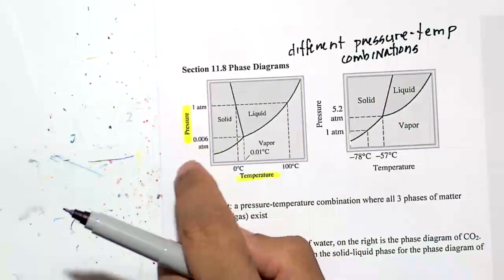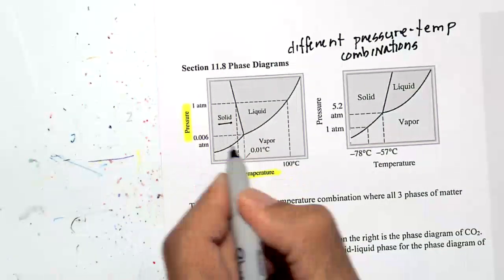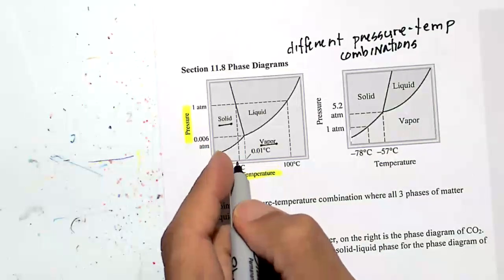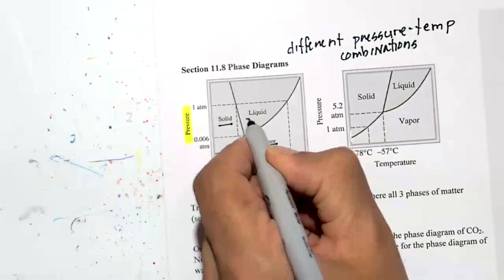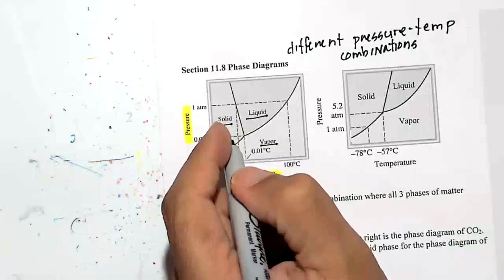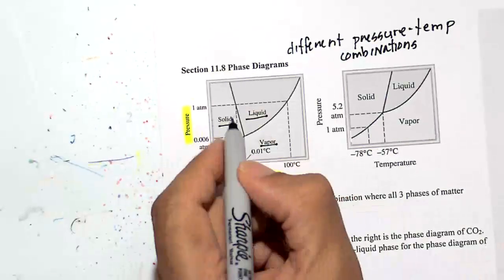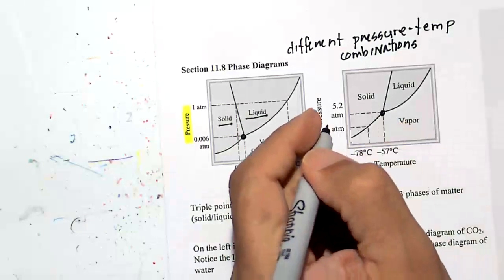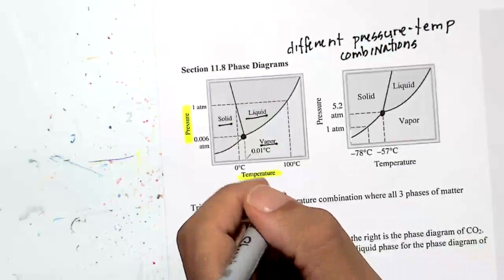So at some pressure temperatures, you are a solid. At some pressure temperatures, you are a vapor, whatever XY coordinates. Some pressure temperatures, you are a liquid. And there are some pressure temperatures where you are all 3 states. Okay, and when you are all 3 states, that's called the triple point.